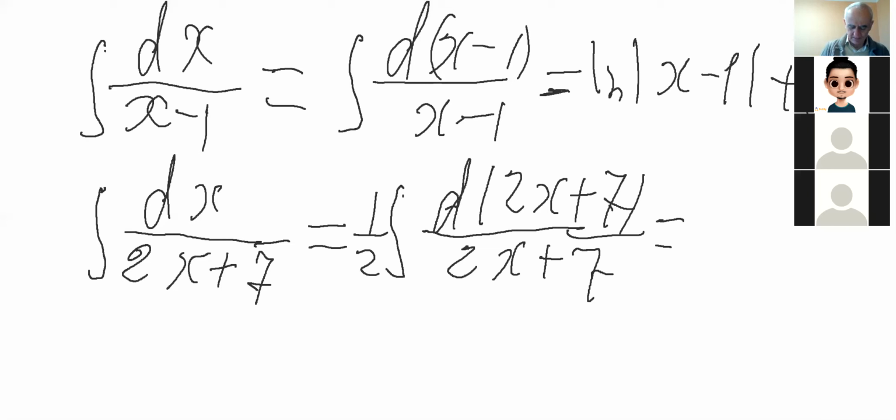If we continue, it's going to be 1 over 2 ln of 2x plus 7, plus c.